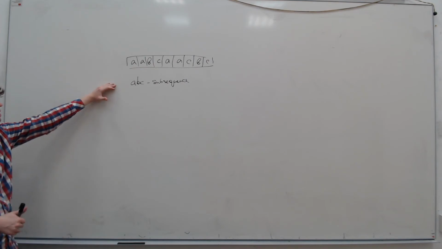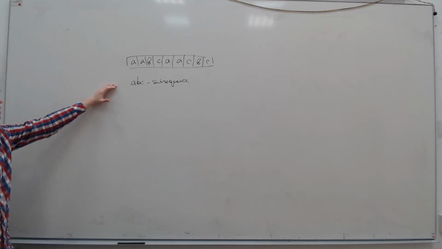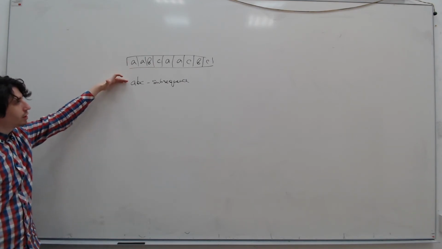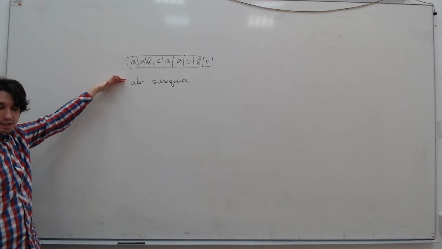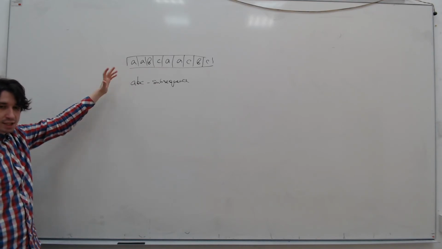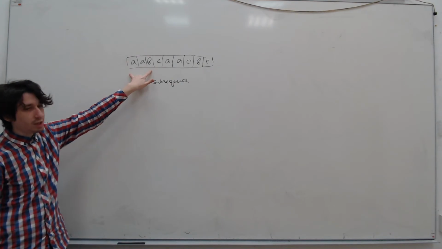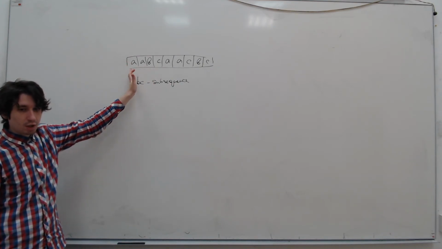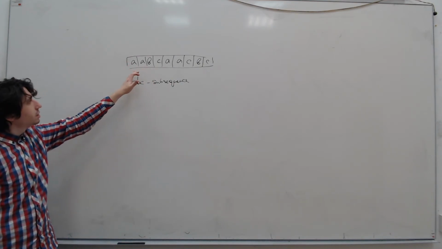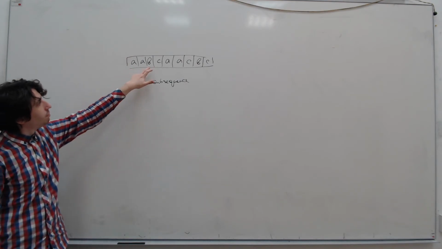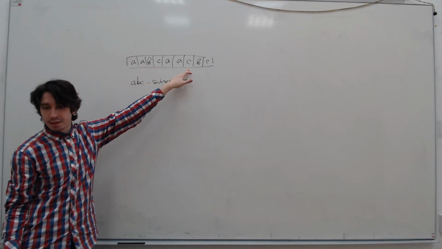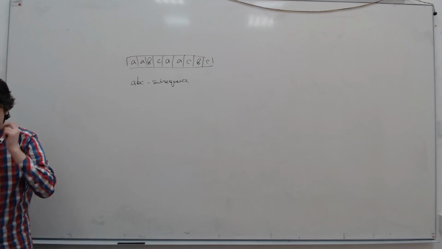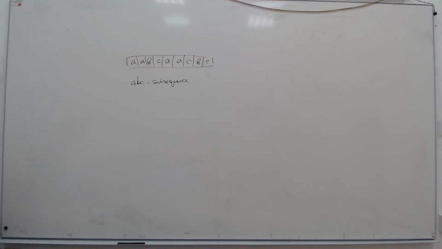You're given a string and you need to calculate the number of times where ABC is a subsequence. Not the substring, so it shouldn't be in neighboring cells. For example, this ABC is a valid subsequence. So you need to calculate the total number of ABC as subsequences.